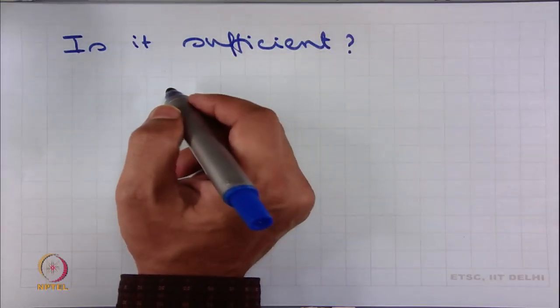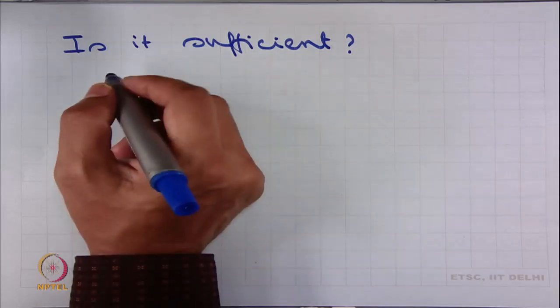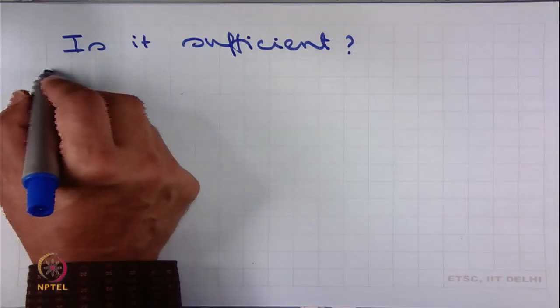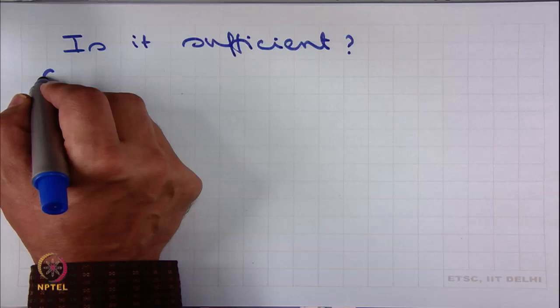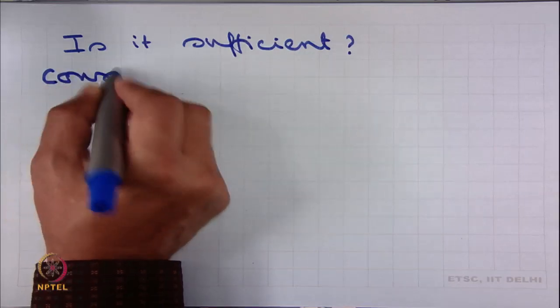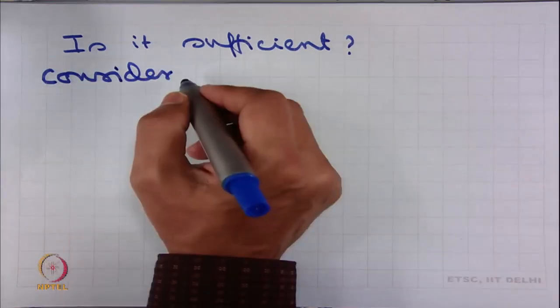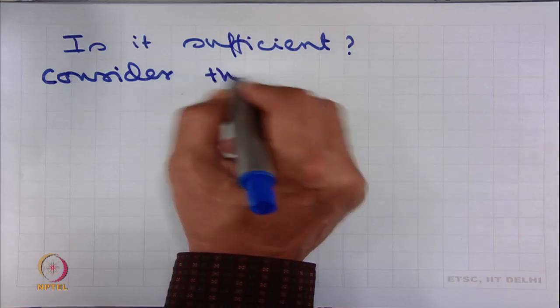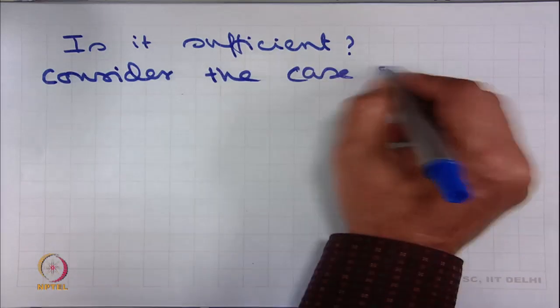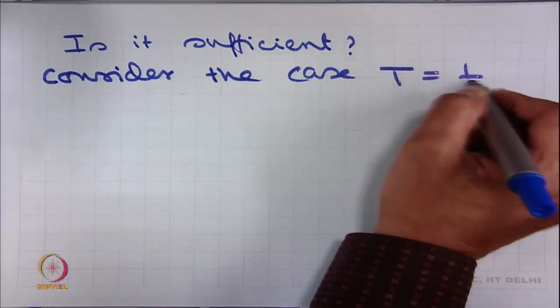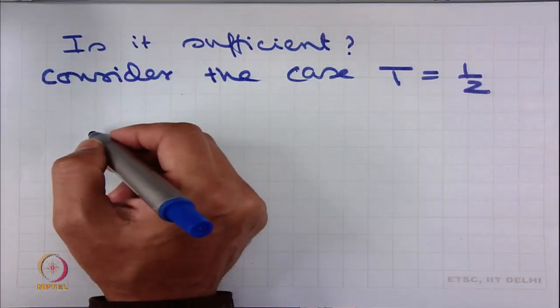We see that, consider the case when T is equal to half.